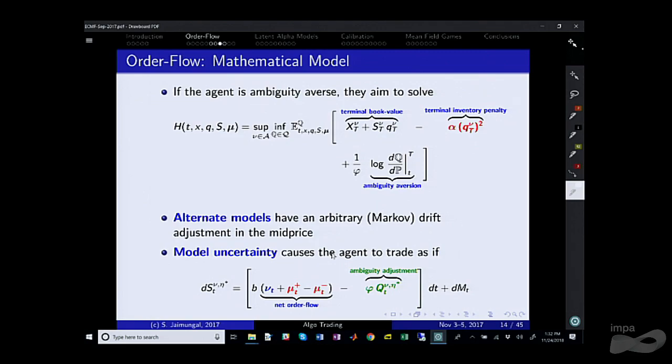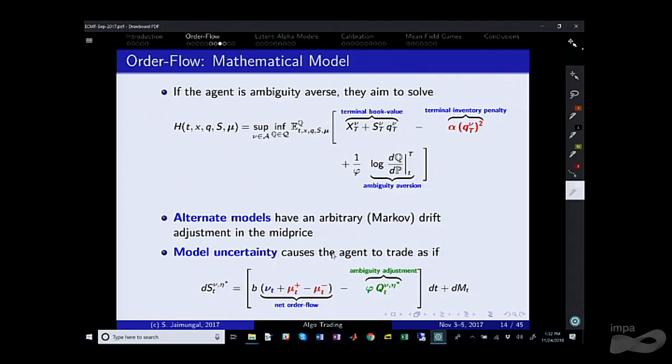We're going to restrict ourselves to the case where the potential model the universe throws at us is equivalent to the reference model that we've chosen, but it could be different. We're going to penalize that alternate model using relative entropy.